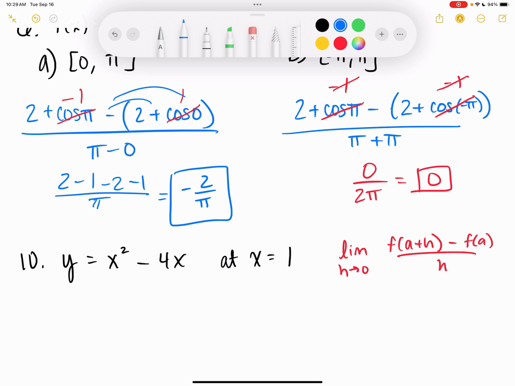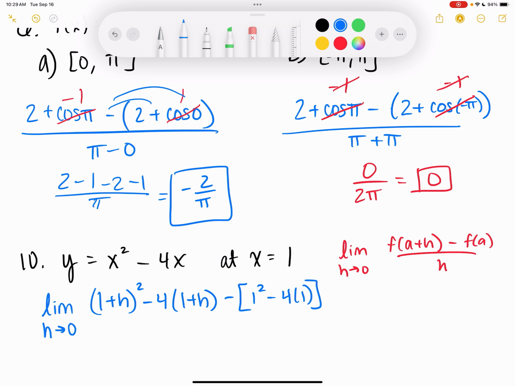The end of this will get us to our slope, but the limit as h approaches 0 of (1 plus h) squared minus 4 times (1 plus h), and then minus, I usually use a bracket here since I've had parentheses already, I'm just plugging in 1, so [1 squared minus 4 times 1], all over h.